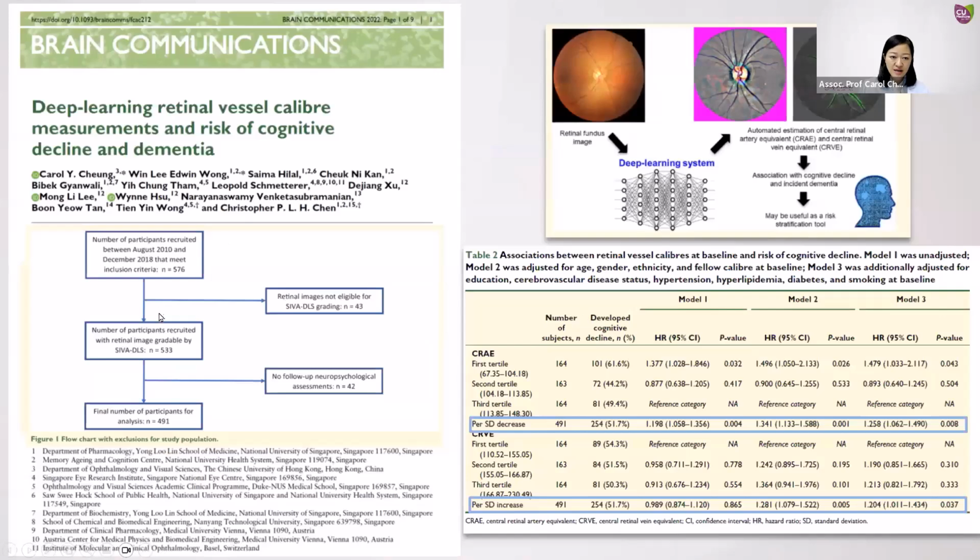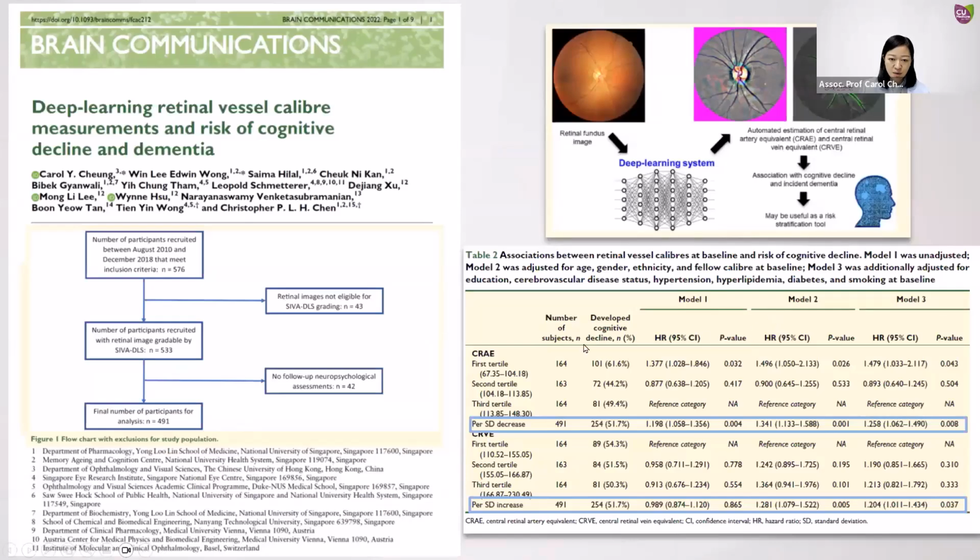We also applied this AI tool in a cohort recruited from Memory Clinic in Singapore. So a total of 491 participants were included in this study, of whom 254 developed cognitive decline over 5 years.